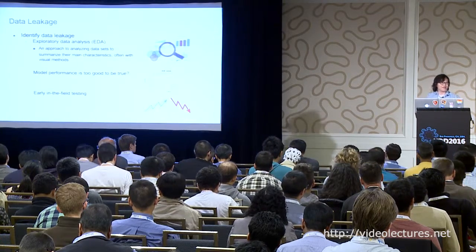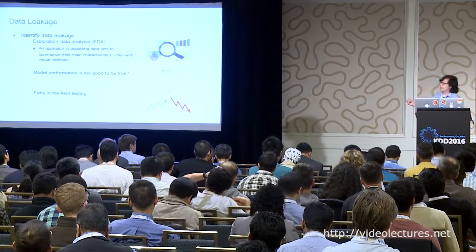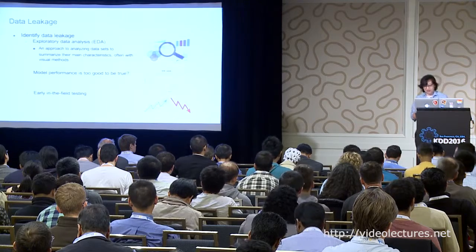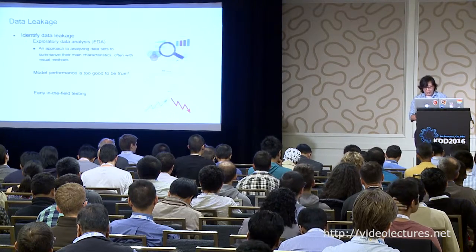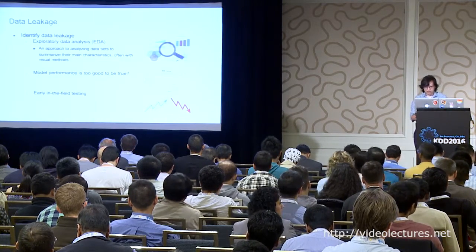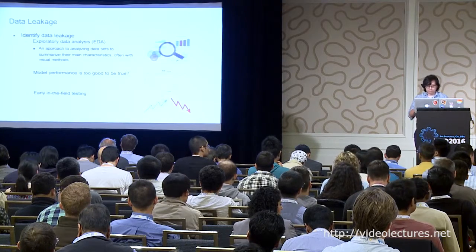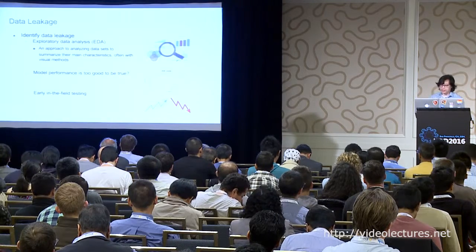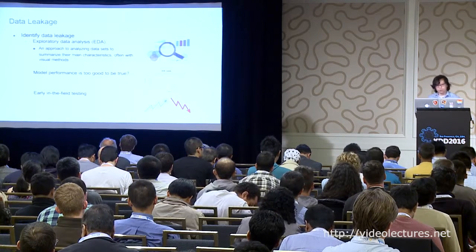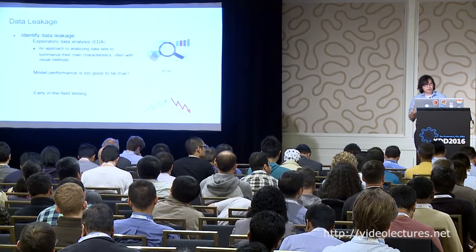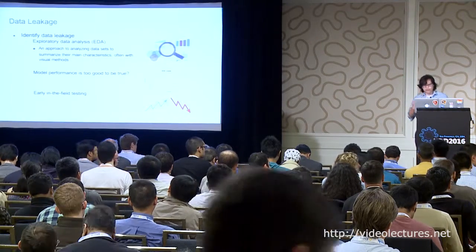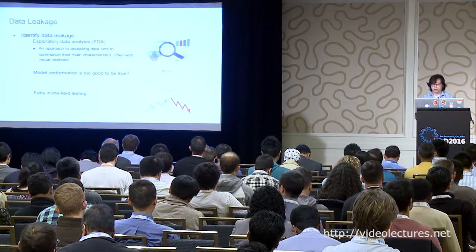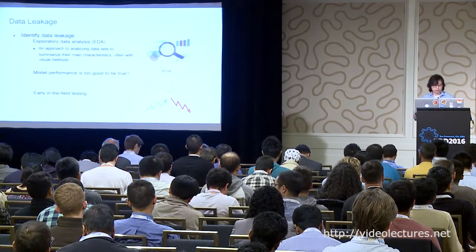Or you made a very stupid mistake and leaked future price information into your model, and you don't want to tell anybody you made such a mistake. Sometimes the leakage is very hard to detect, so you need to test your model as early as possible in the real-world environment before you massively deploy it. That gives you some control over the consequences of the model.